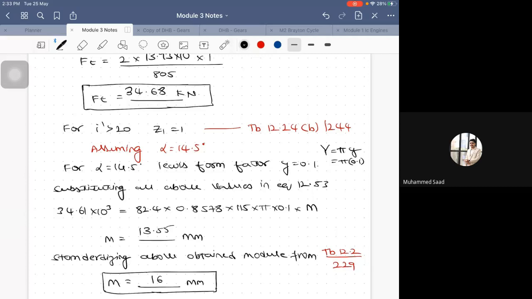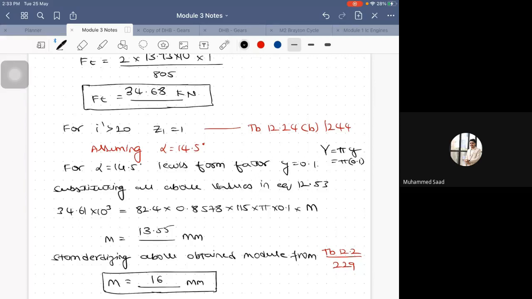Everyone is satisfied with the value of 16. Responses from everyone are needed because deciding the module is very important. Yes, 16.